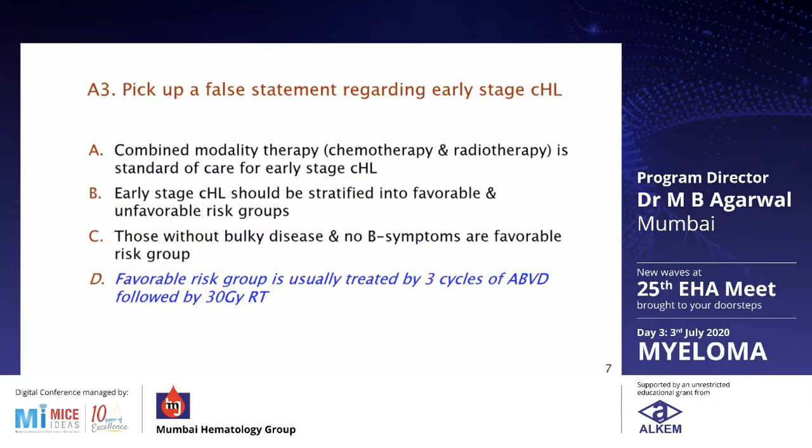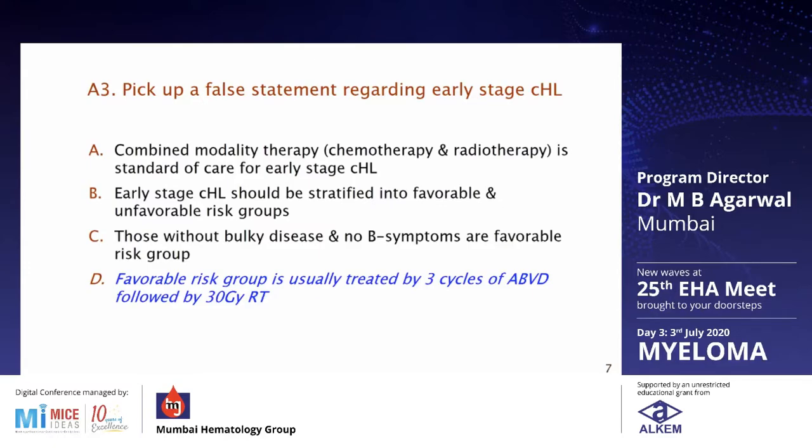Now early stage has to be divided into favorable and unfavorable based on bulky disease and B group symptoms. So all these statements were correct. Only thing is that the treatment of favorable risk early stage classical Hodgkin lymphoma is not exactly what is shown here. 3 cycles of ABVD and 30 gray. That is a wrong statement.